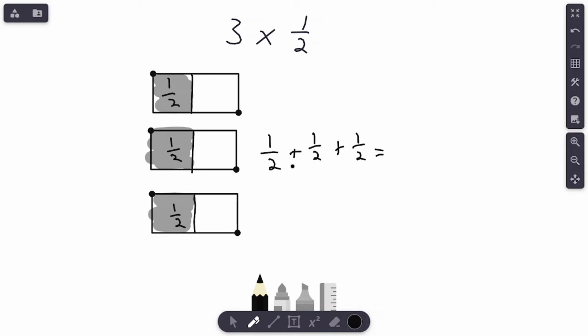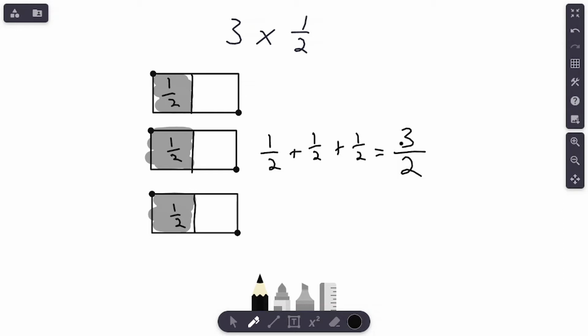The reason we can add the numerators is because the denominators are all the same. Remember, we always have to check that. If they're not the same, we have an extra step to do. But they are the same, so 1, 2, 3. Do we add the denominators? No, never add your denominators. So the denominator stays at 2, and we've got 3 over 2, or 3 halves.